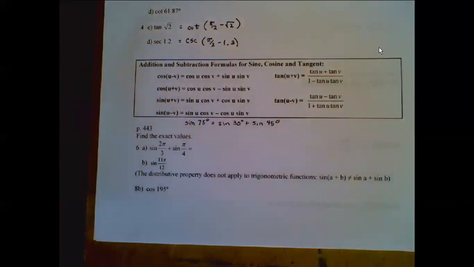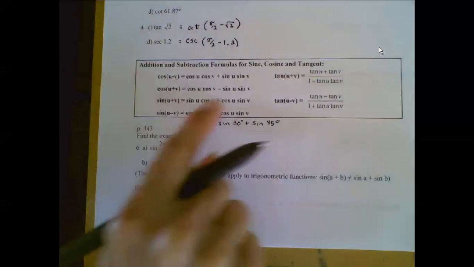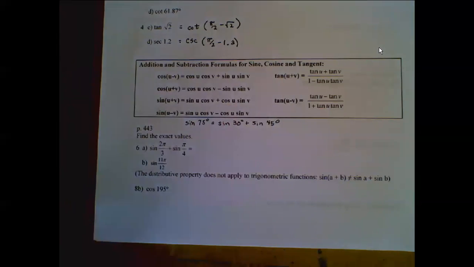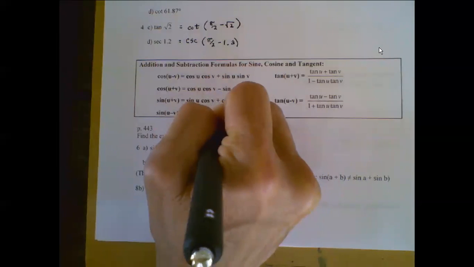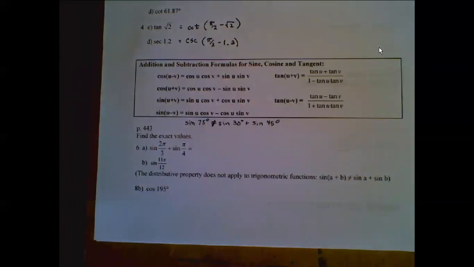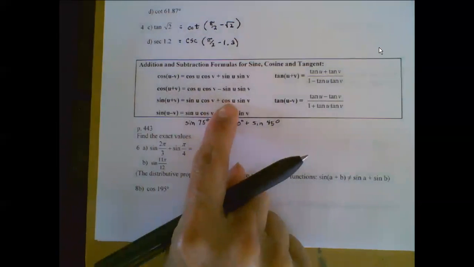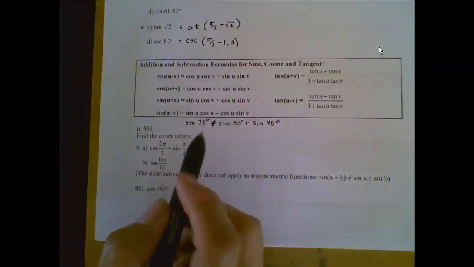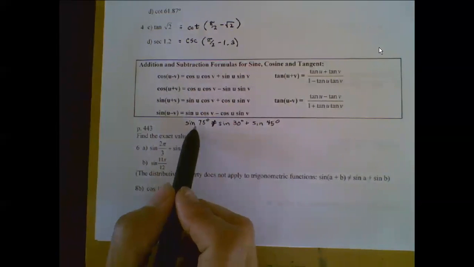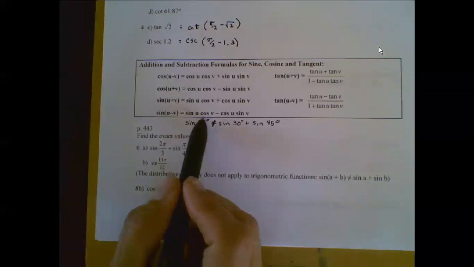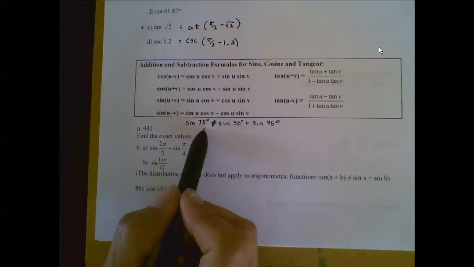That would be way easier to memorize than these addition and subtraction formulas. Unfortunately, that's not true. And that's why we have to have addition and subtraction formulas if we're looking for exact trigonometric values of angles that we don't have memorized on the unit circle.